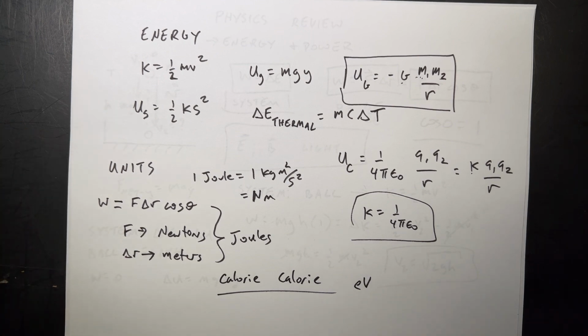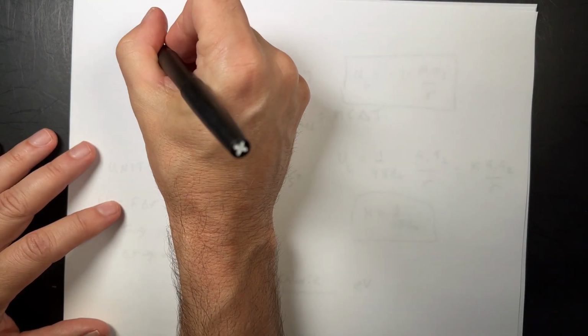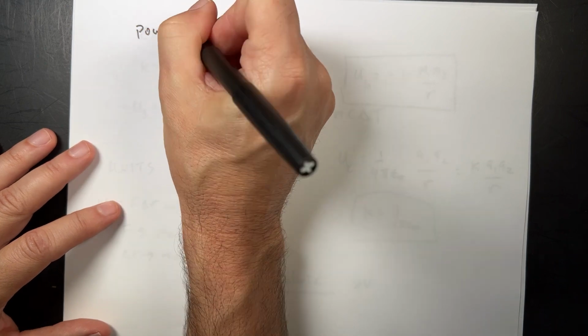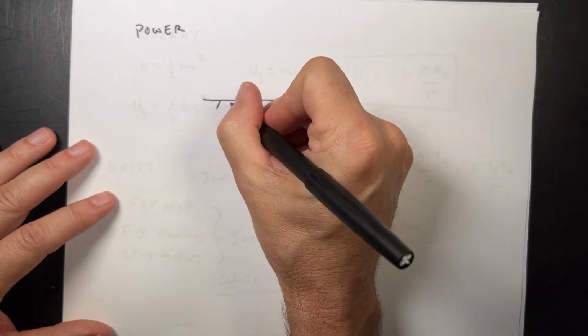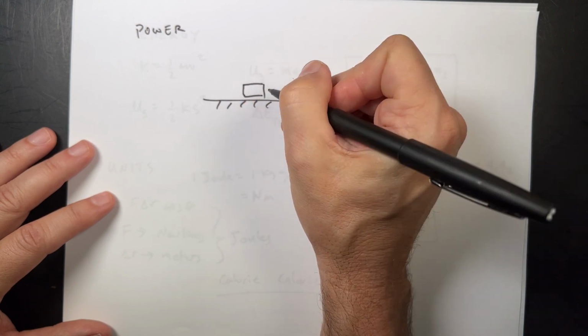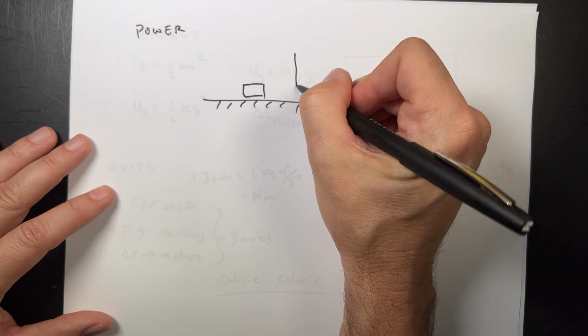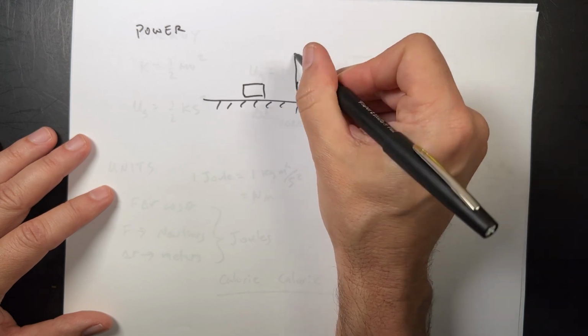Great. Okay, so now let's talk about power. And let me look at a quick example. Suppose I have a pretty heavy box, and I want to lift it up onto this table that's 1 meter high.